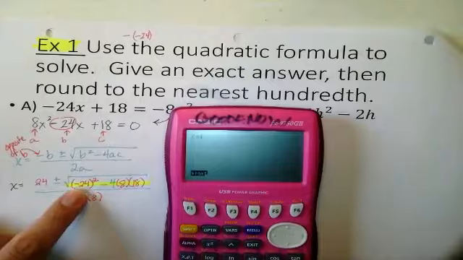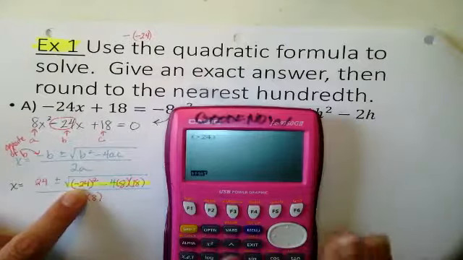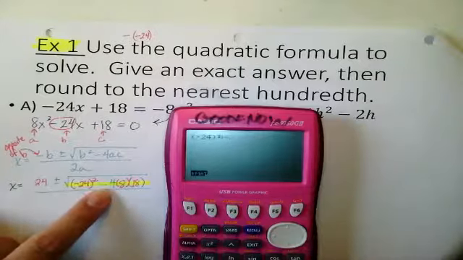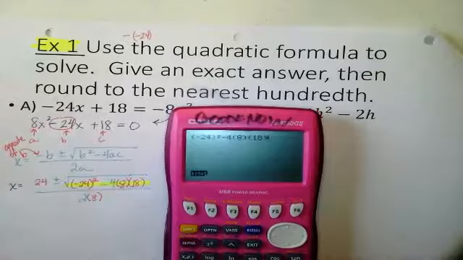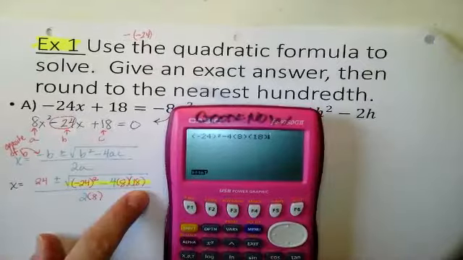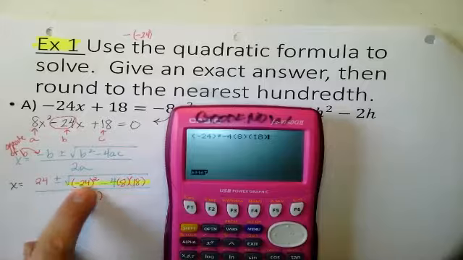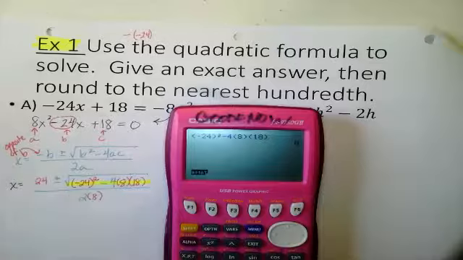And I'm going to go ahead and type in negative 24 squared minus 4 quantity 8, quantity 18. So you can see I have it written exactly how I have it. If you always use parentheses and substitute in this manner using parentheses, you will always get this correct. I promise. Don't use parentheses and suffer the consequences, people. All right, we get 0.